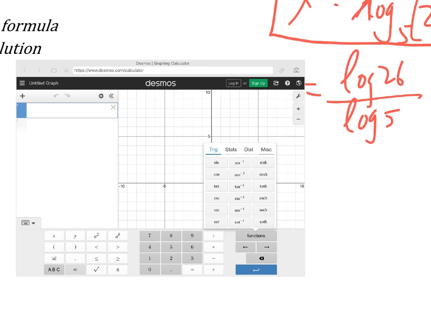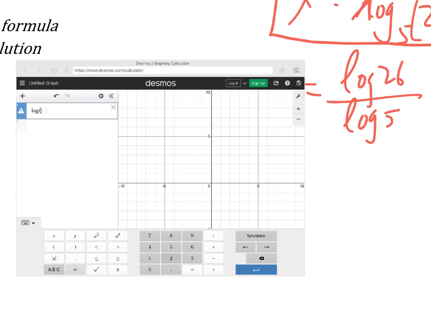So log of 26, close the parenthesis, divided by the log of 5. There it is, 2.024. Okay, so x is approximately 2.024. So that's how it works.